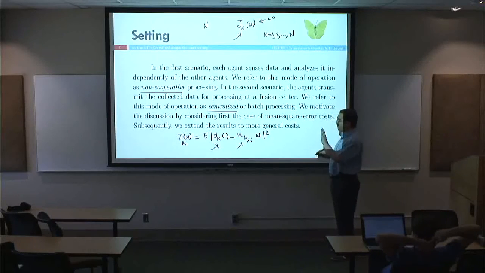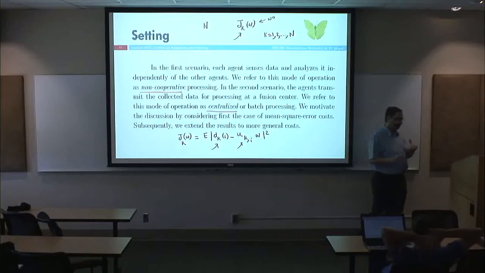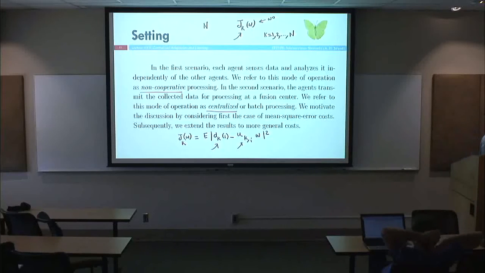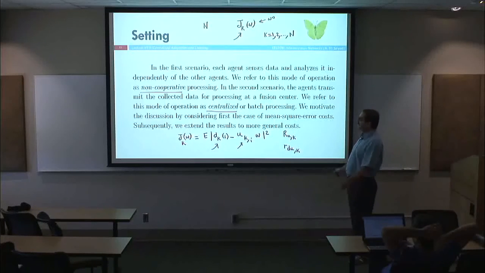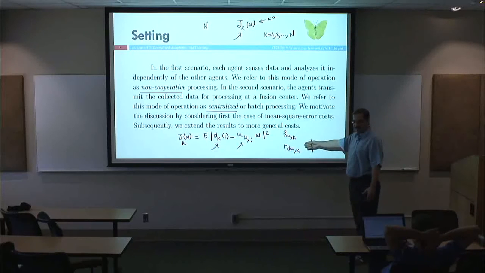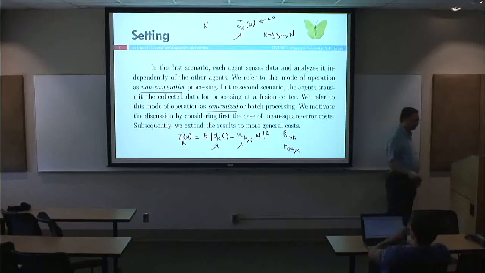So if the cost function happens to be the minimum mean square error cost at agent k, it will look like this, right? In this particular case, the covariance, which I called R_U before, will be R_U,k at node k, and the cross correlation, which I called R_DU, will be R_DU,k at node k, right? Okay. Of course, if the cost functions are the same across all agents, these will be the same. They will be independent of k, right?